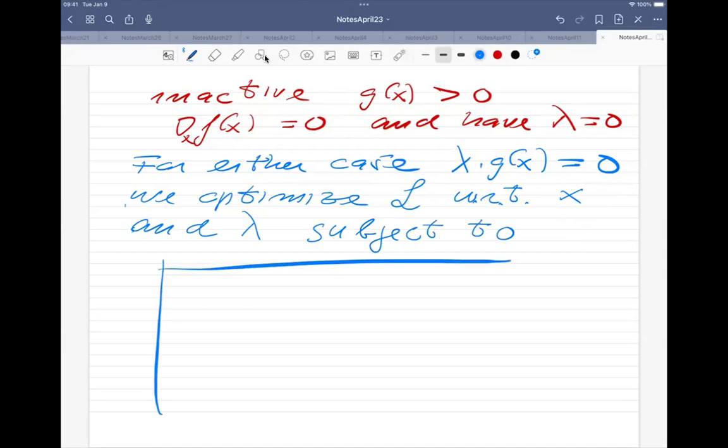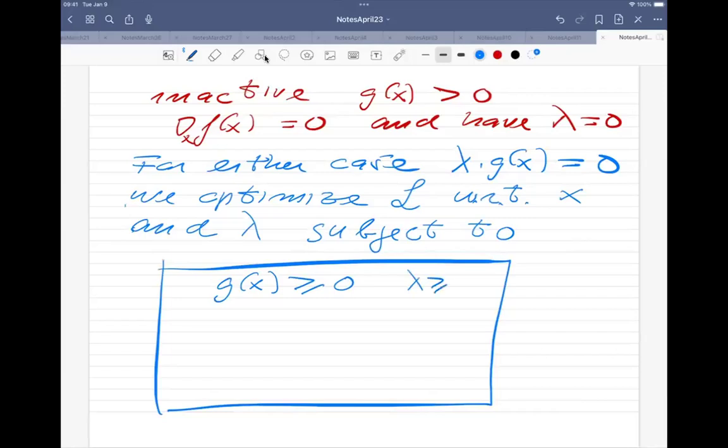Let's just write them down here. So g of x larger or equal than 0. And we can have an active case and an inactive case. Lambda is normally set to larger or equal than 0. And then we have that lambda times g of x is equal to 0.